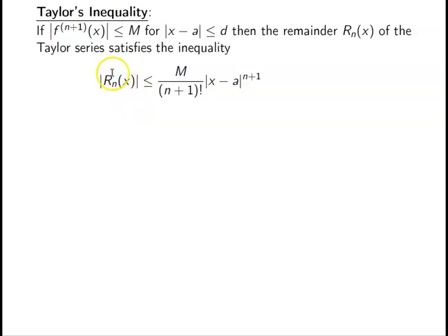So my remainder would then be bounded above and below, actually, right, because this is an absolute value, by M divided by n plus 1 factorial times |x minus a| to the n plus 1. Now you might be saying, well, this is pretty arbitrary. Where do we get this? There's a lot of math that goes into it that is above the level of this course, so we're not going to discuss that.